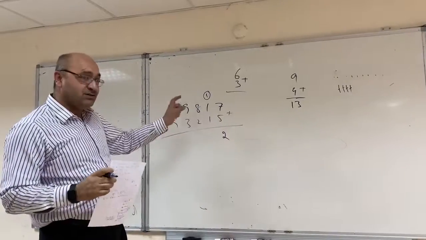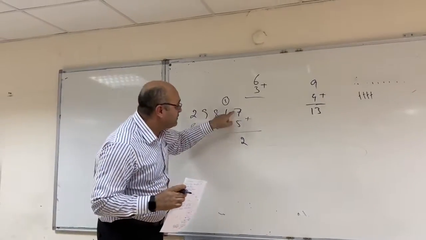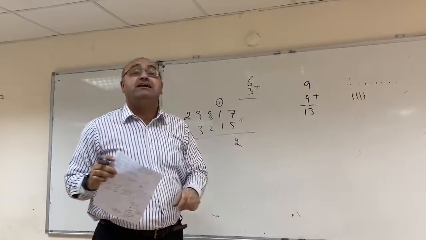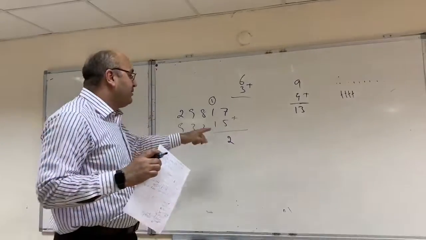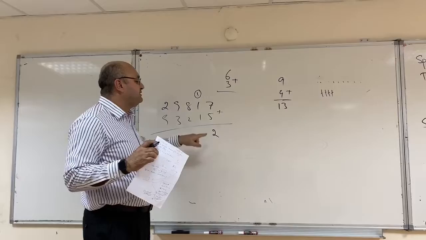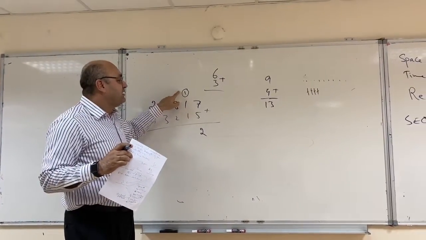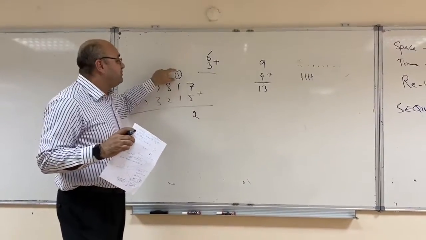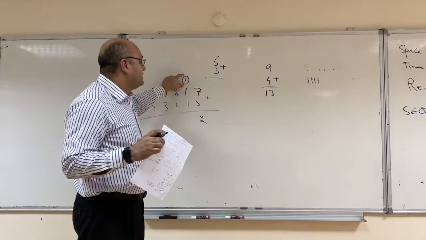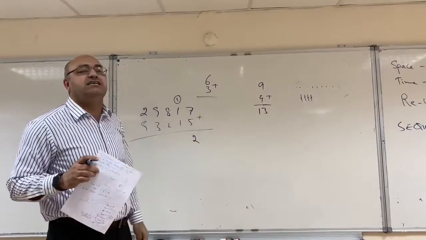Now I am coming to two new concepts. Number one, you added and then you decided based on the sum. You said, if my sum is greater than 9, then I would take the unit digit and write the unit digit over here, and I would memorize the 10th digit and add it for the subsequent digit addition.